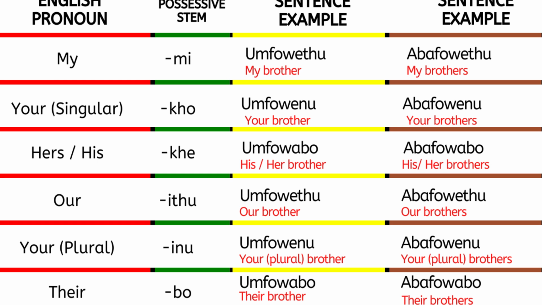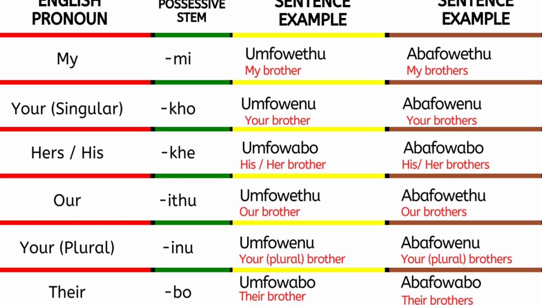Udadewenu, ending with nu, that is a girl that you share a mother and or a father with. Listen to this. I didn't say a girl that I share a mother or a father with. I said a girl that you share a mother and or a father with. So I'm talking about you. That is why I'm saying wenu.